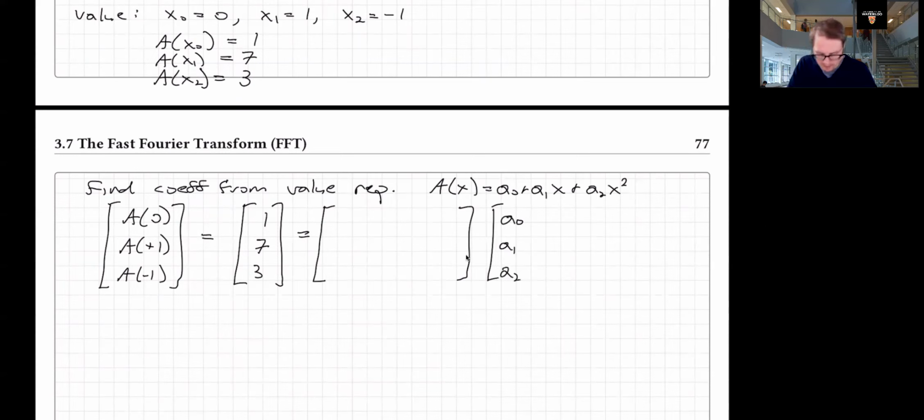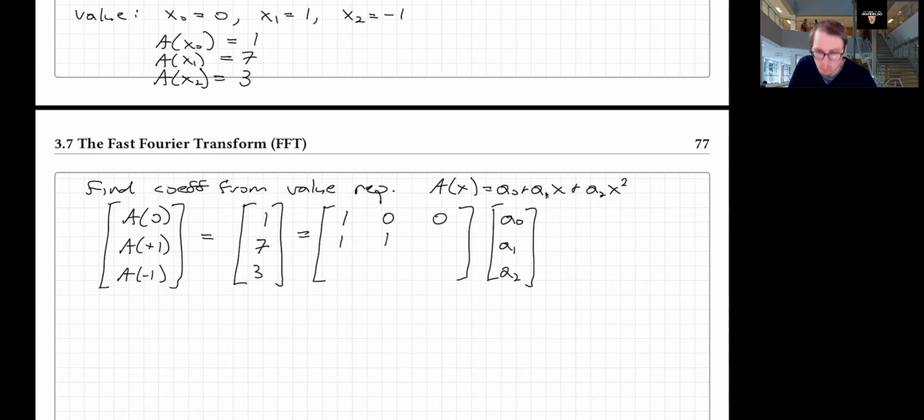So when I plug in 0 here, I'm going to get a0 plus a1 times 0. So this is a 0. a2 times 0 squared. So that's a 0. When I plug in 1, I'm going to get a0 plus 1 times a1.